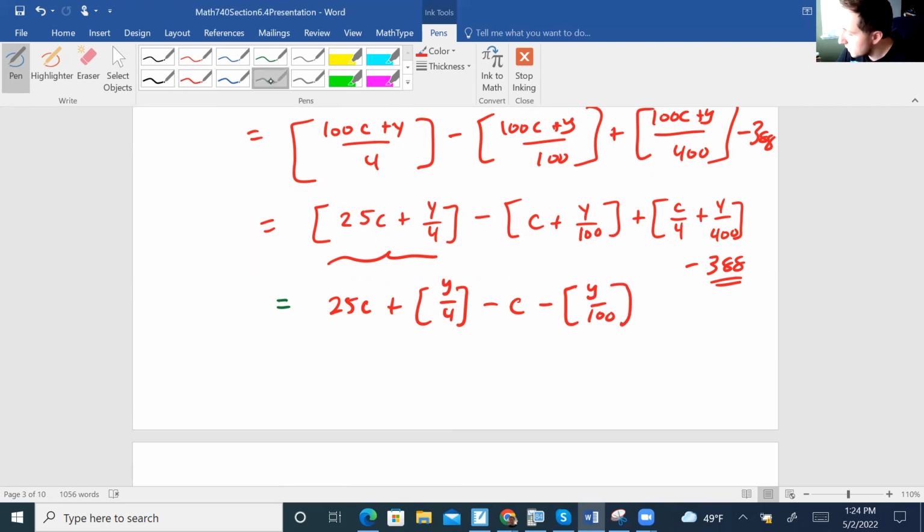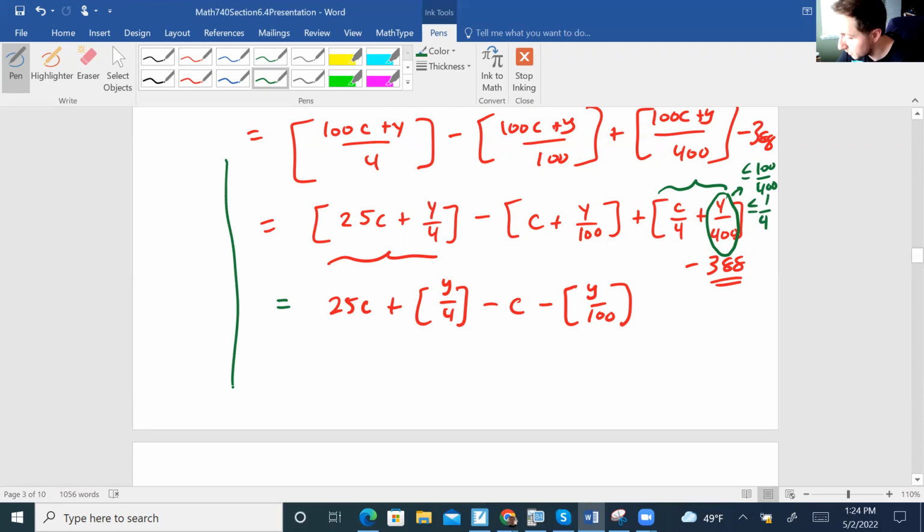I can't quite use that property on the third greatest integer function, but one thing I do know is that y over 400, since y is between 0 and 100, not including 100, is always going to be less than or equal to 100 over 400. So this is always going to be less than or equal to 1/4.